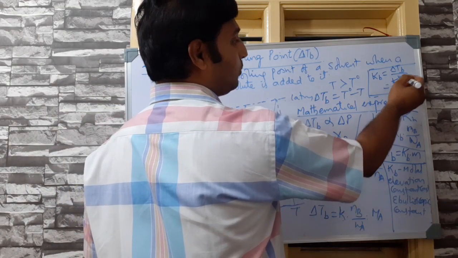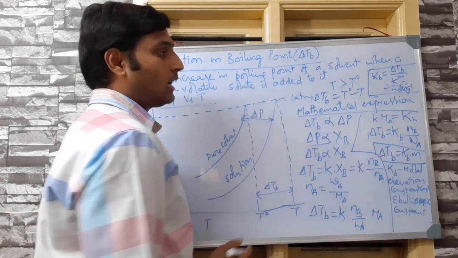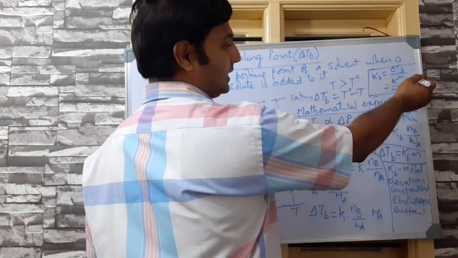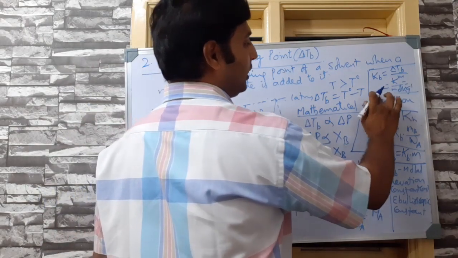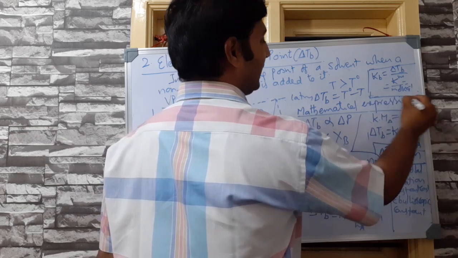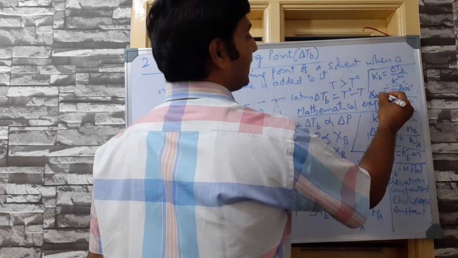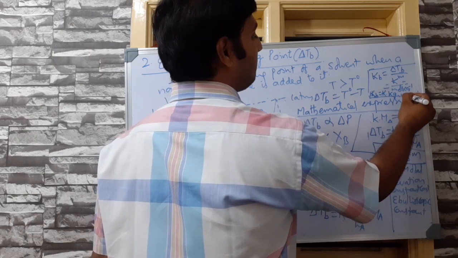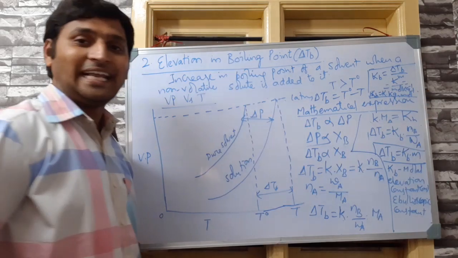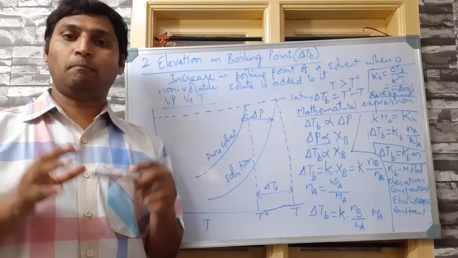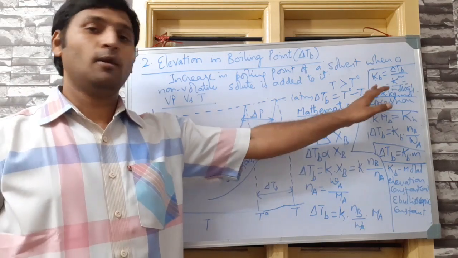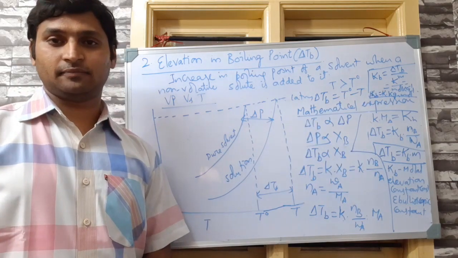Kelvin, mole inverse kg. It will become, kg comes up and becomes kg inverse, and mole comes up and becomes mole inverse, right? That's why I can say units of Kb are Kelvin kilogram per mole. Repeat, Kelvin kilogram per mole are the units of molar elevation constant.